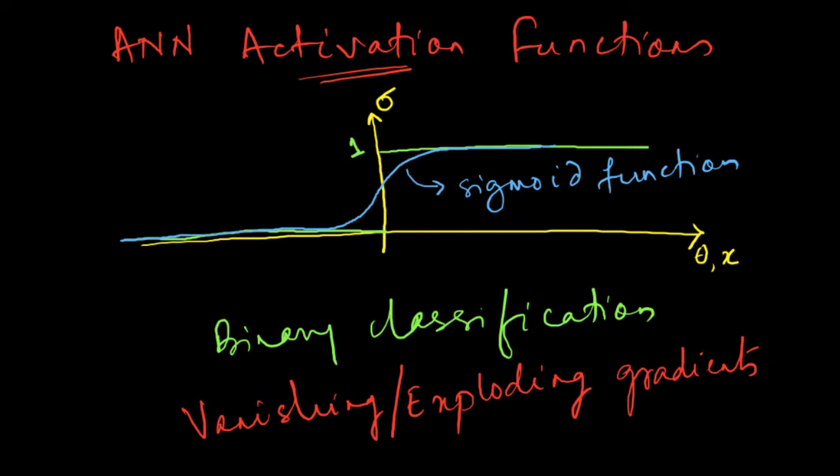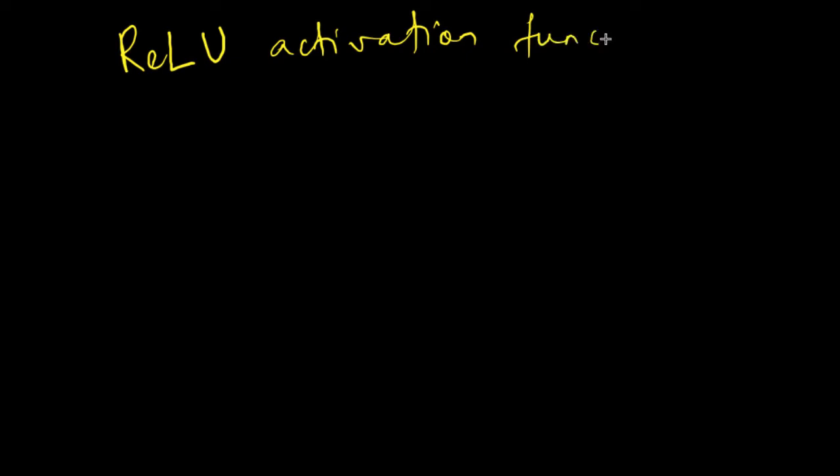So now in order to take care of the vanishing gradient problem, what was proposed and what is used very commonly for the hidden layers is what is called the Relu activation function. Relu stands for rectified linear unit. So what does this Relu look like?